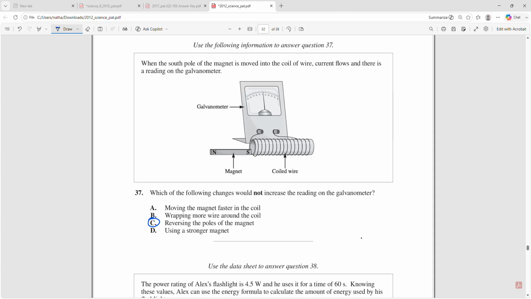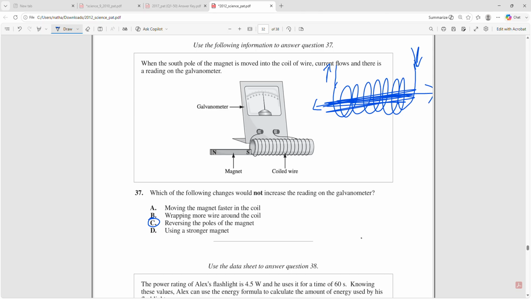What's happening is, when we have a coiled wire and we move a magnetic field through it, without getting into the details, we have a magnetic field that changes inside that coil. It induces a current in the wire, so we get a current flowing in this wire. Okay, so that's what you need to know.